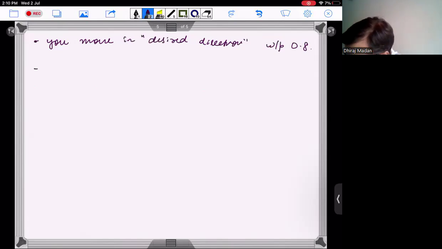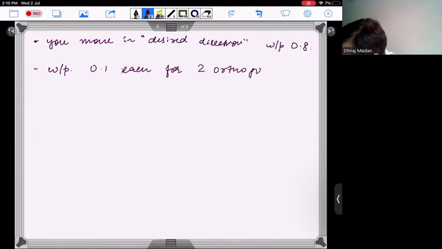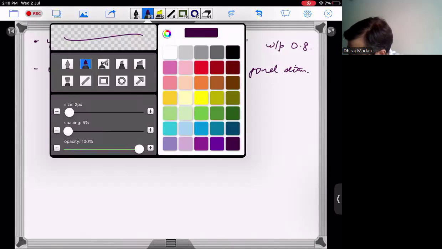However, with probability 0.1 each, you will be going in one of the two directions orthogonal to the desired one. If I want to go up, then with probability 0.1 I might go left, with probability 0.1 I might go right, and with probability 0.8 I'll go up. Let's take an example.